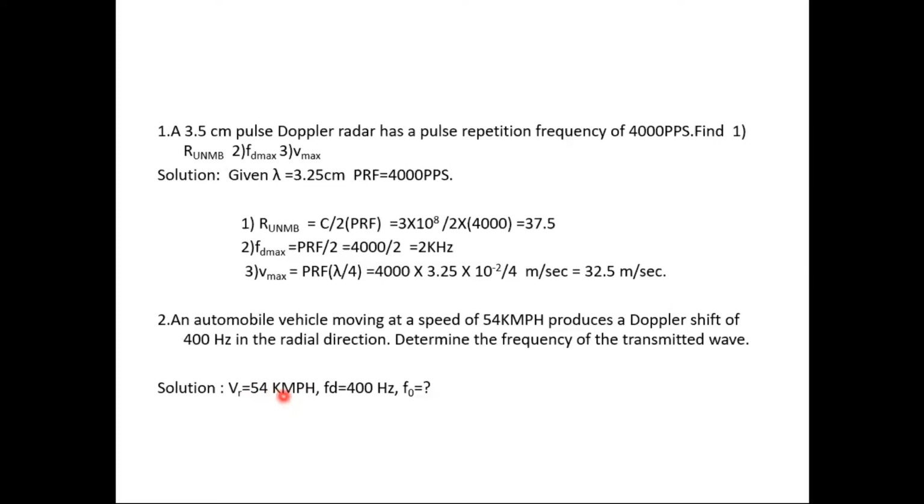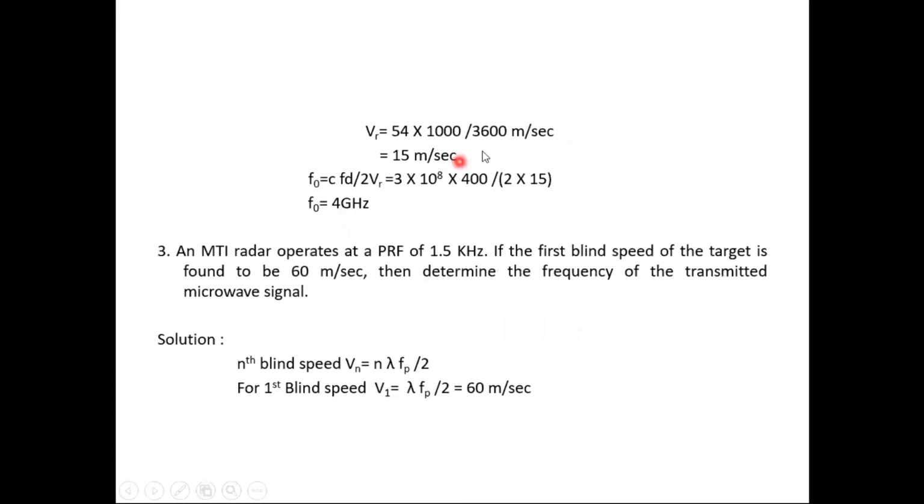So 54 into 1000 divided by 3600 gives meters per second. So that is converted to 15 meter per second.